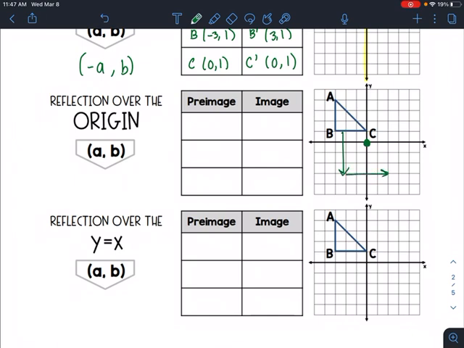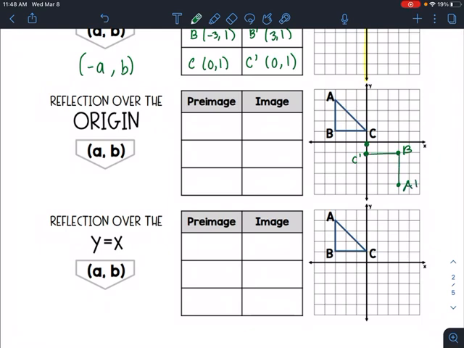So if I reflect it across the origin, my triangle should end up right here. So this is going to be C prime, this will be B prime, and this will be A prime.